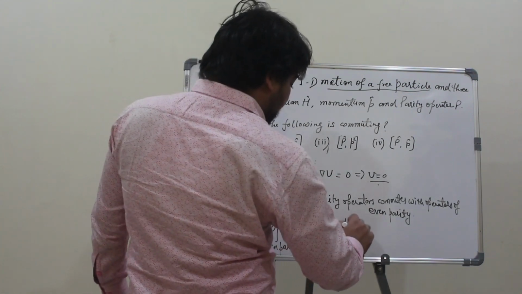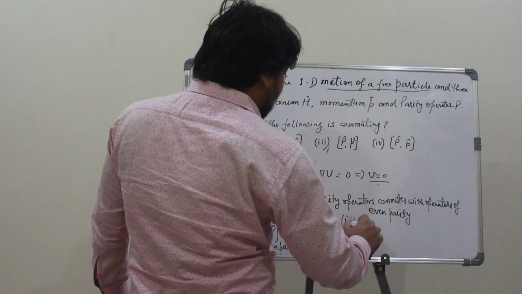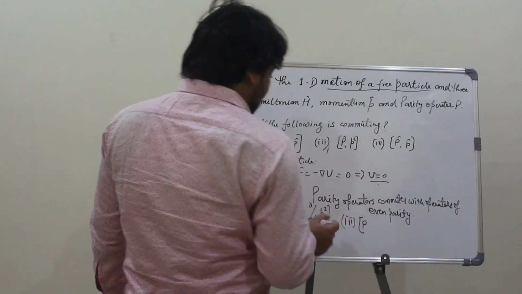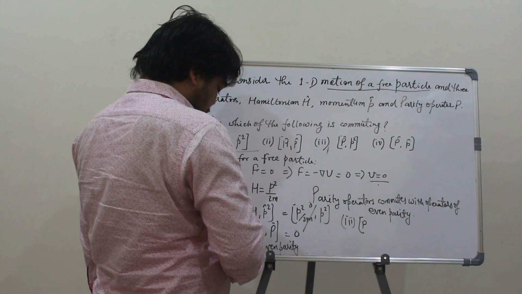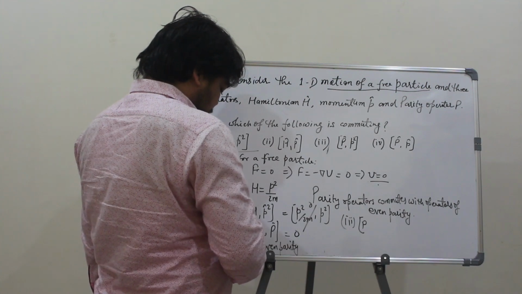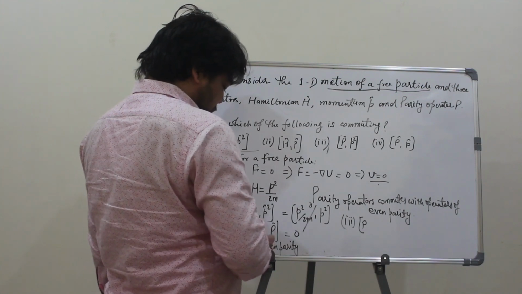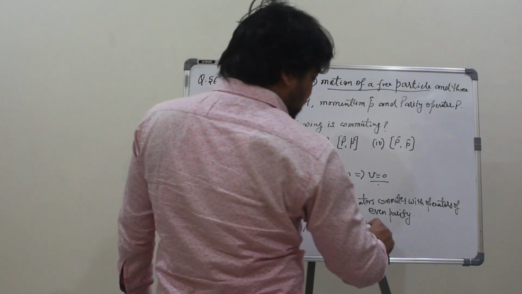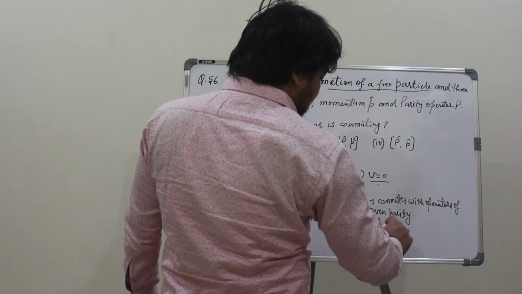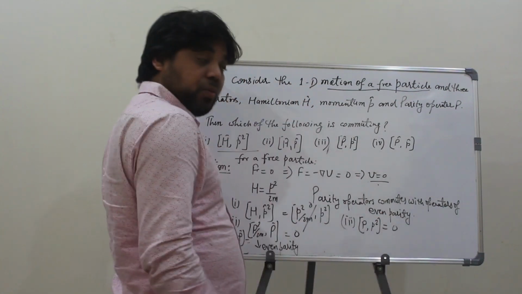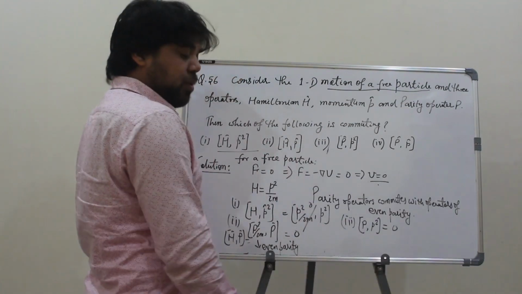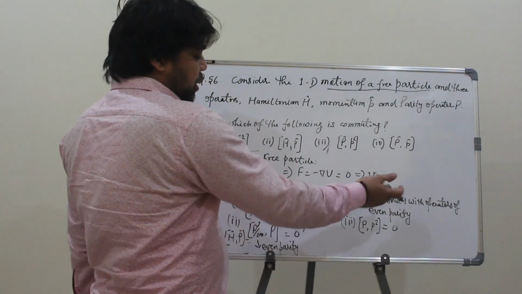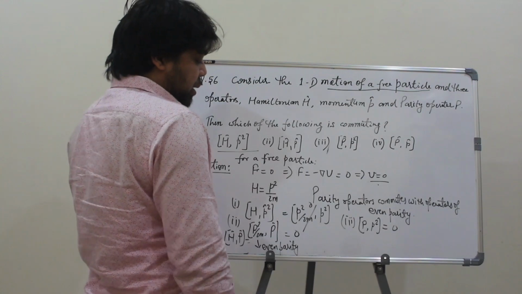The third one, which says that parity and P square, which is very similar to the second one, which is H, P square, right? So it is again 0 by the same reasoning, that the parity operator commutes with the operators with even parity.